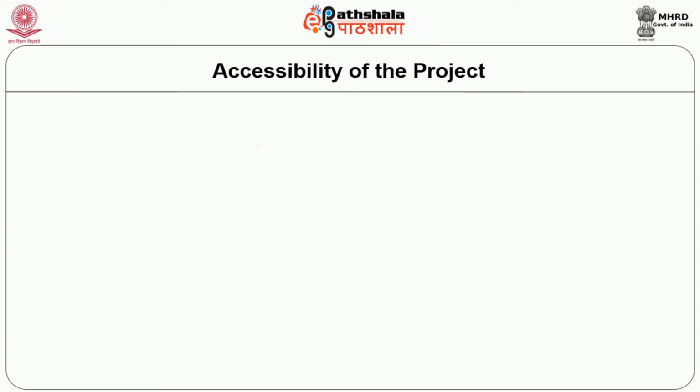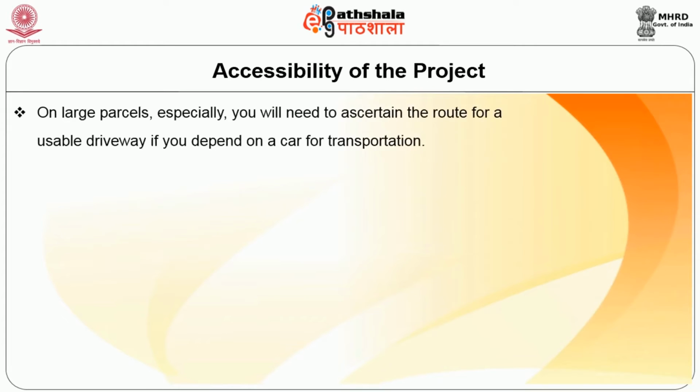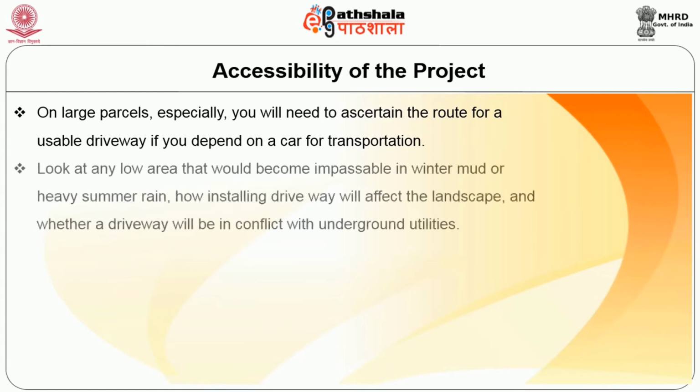Consider access issues. On large parcels especially, you will need to ascertain the route for a usable driveway if you depend on a car for transportation. Look at any low area that would become impassable in winter mud or heavy summer rain. Consider how installing a driveway will affect the landscape and whether it will be in conflict with the underground utilities.